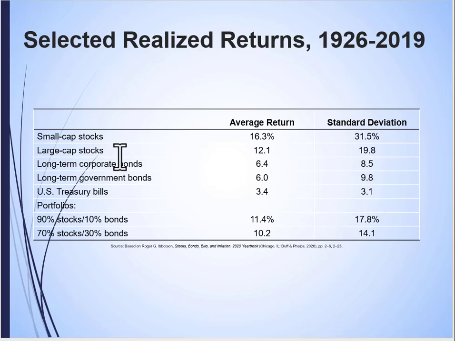Large cap stocks. Think about this as being the S&P 500. They averaged in this time frame 12.1%, with a standard deviation of 19.8. Now I think it's time to talk about this. When I say 12.1% average return, that doesn't mean, of course, that every year it earned 12.1. Some years were negative.